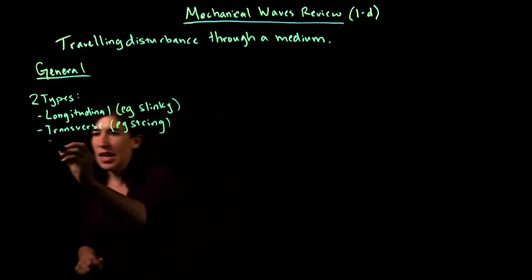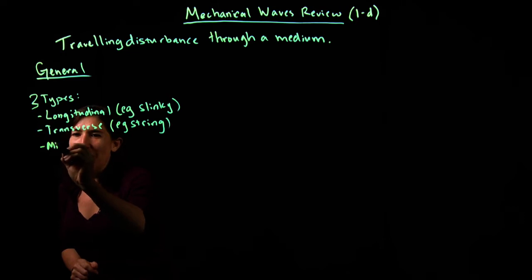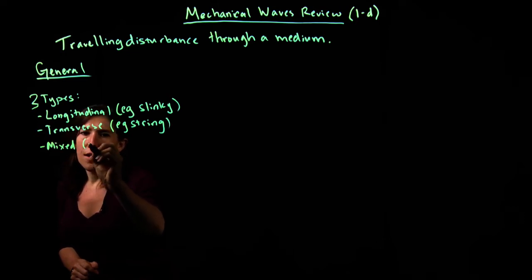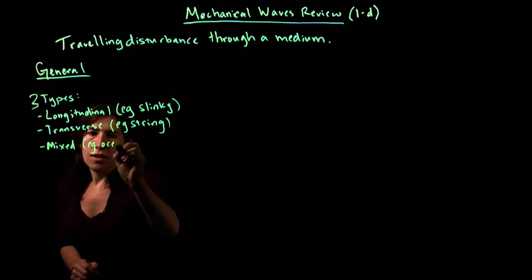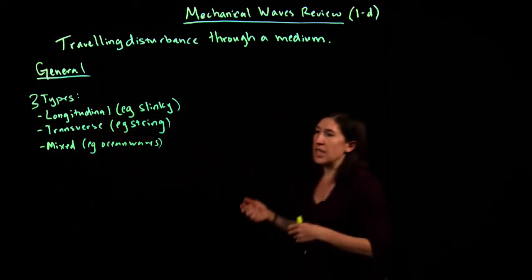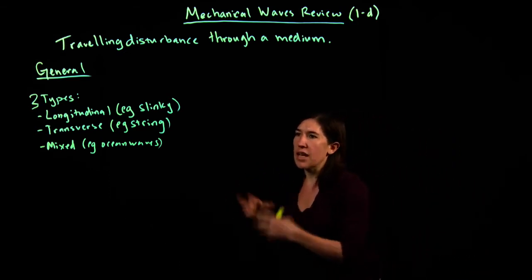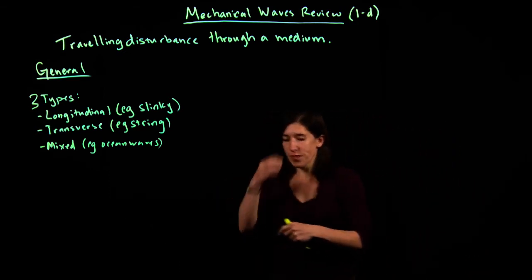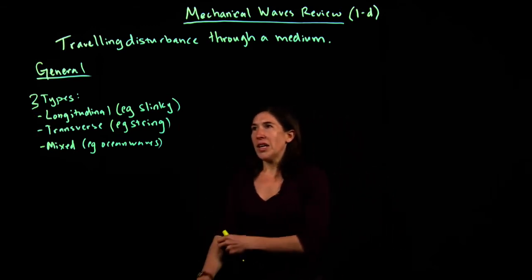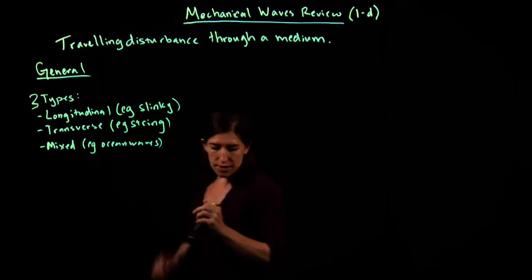Then maybe there are three types: you can have mixed. This is like ocean waves, which are a complicated combination of transverse and longitudinal waves. So the first thing about waves is you could consider these different types of displacements.